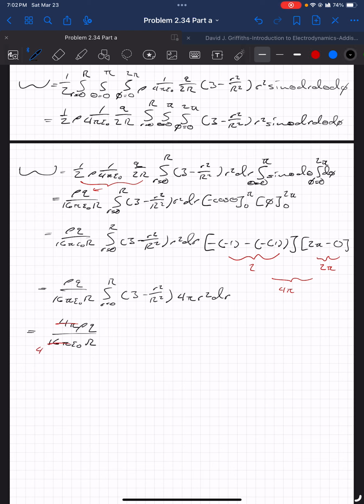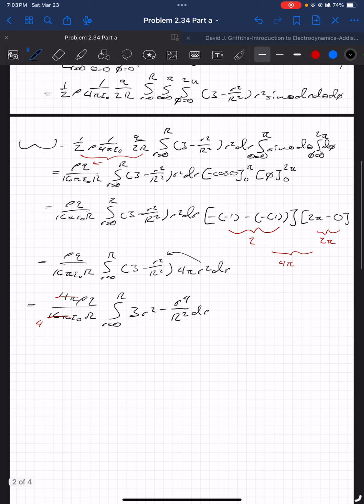And if we take the integral now, we will have 3 over 3r cubed minus 1 over 5. Oh, my apologies. Before we do this, let me show you us multiplying the r squared into the parentheses. So we will have the integral of r from 0 to large R of 3r squared minus r to the 4th over large R squared dr.